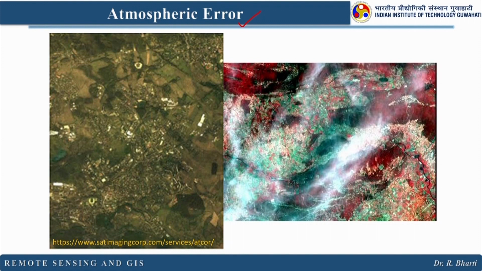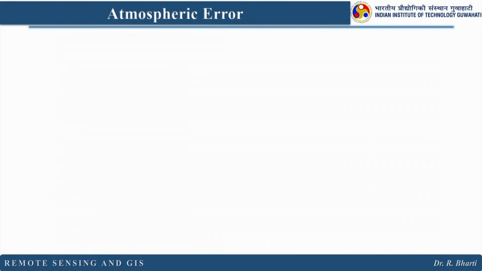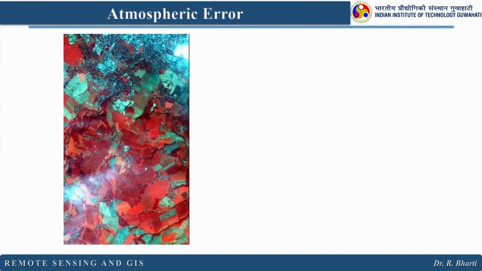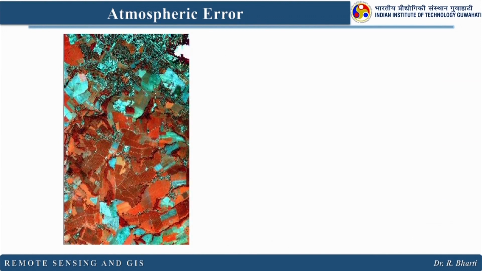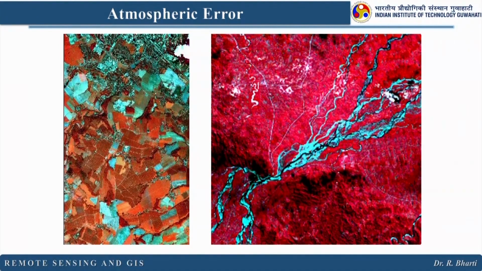This is another example where you have an image with atmospheric error, and when you remove it, it will look like this, right. I have a few more examples, like this is another example, right. This is another example.